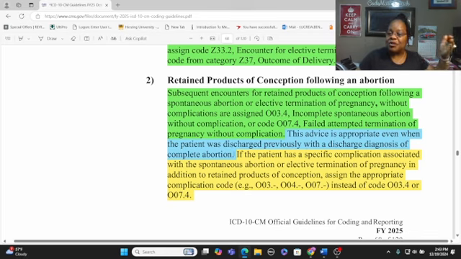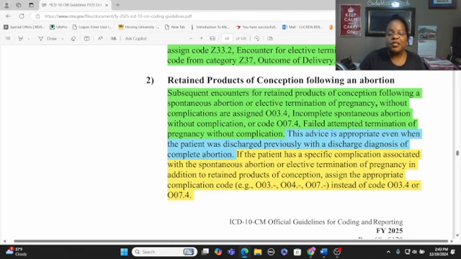So remember, at the time she came in, when she aborted, they thought it was a complete abortion, and later on they found out, nope, there's still some retained products. You still assign the proper coding, O03.4 or O07.4, even if the previous discharge diagnosis was complete abortion.